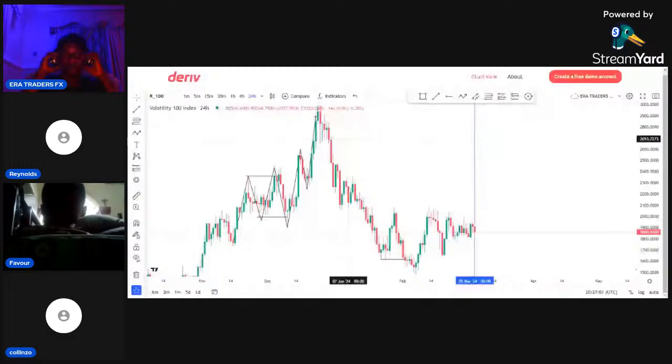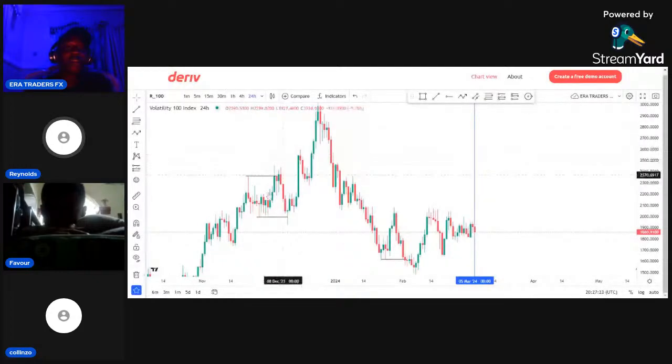I hope you guys are getting what I'm showing. So we mark out structure using the wicks of the candle, and we mark out break of structure using the body.